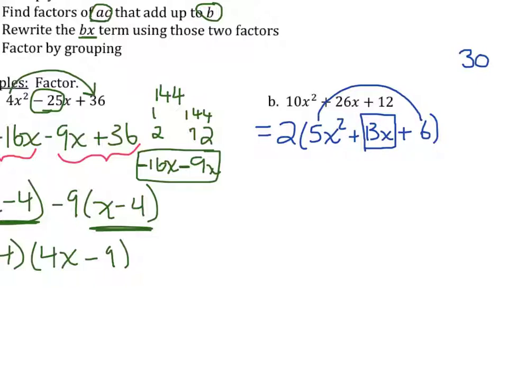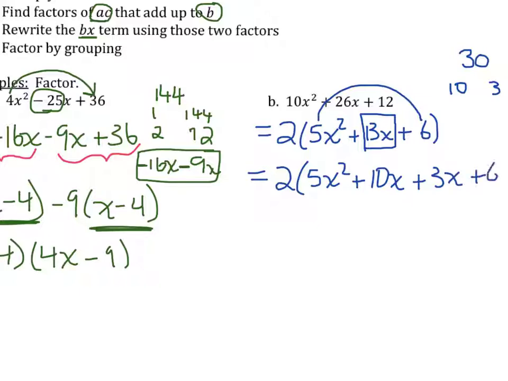If I multiply a 10 and 3, that'll give me 30, and they also add up to 13. And so I'm going to rewrite that 13x as 10x plus 3x. Now I've gone from having a polynomial with 3 terms to having a polynomial with 4 terms.